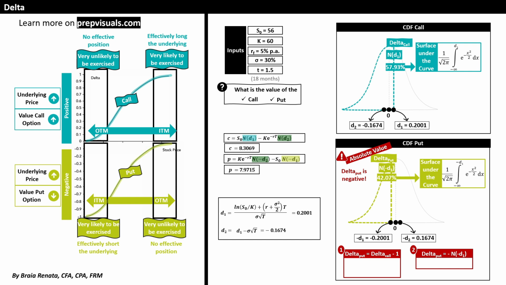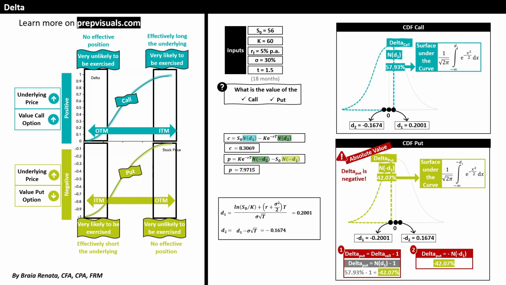The first one is basically delta call minus 1, which if we plug in the numbers, we would get the negative value as expected. Or an even simpler method, which I suggest, is to simply take the negative of the cumulative distribution function, which will also result in the same value.